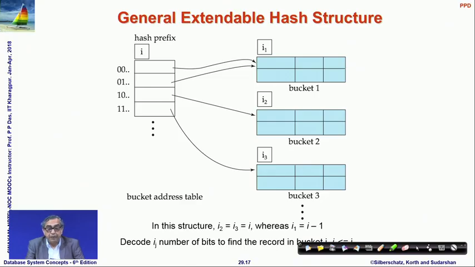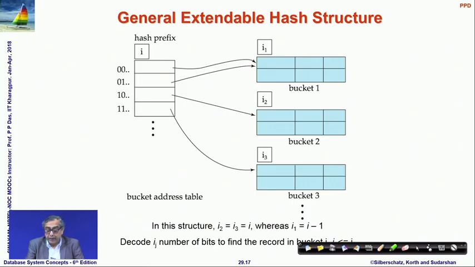You have different buckets here, but you may not actually have all 2 to the power i buckets. You may have fewer than that, as it is shown here that bucket 2 and bucket 3 exist, but bucket 1 is a holder for both the prefix 00 as well as prefix 01.